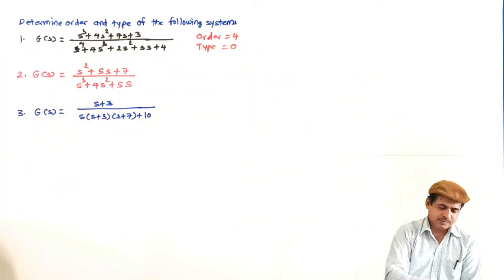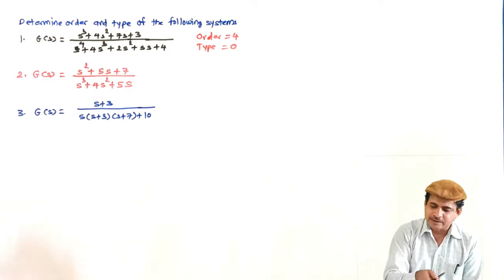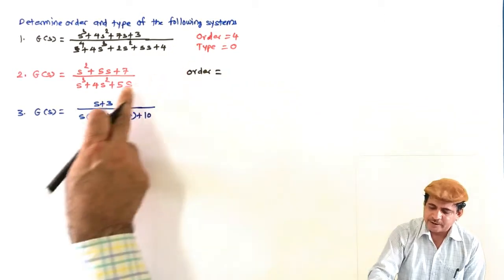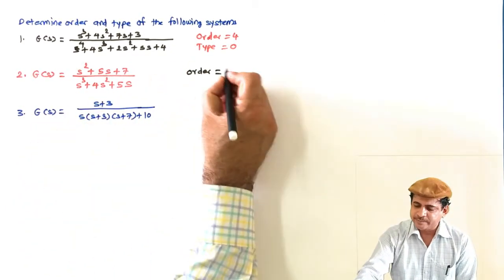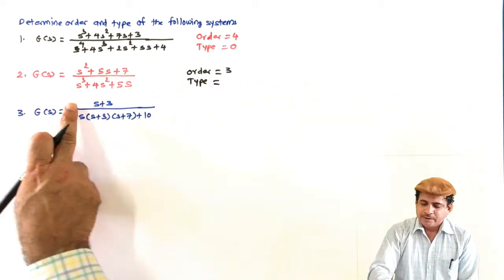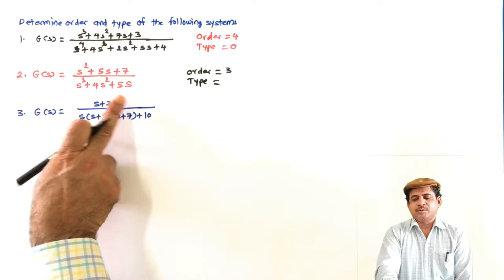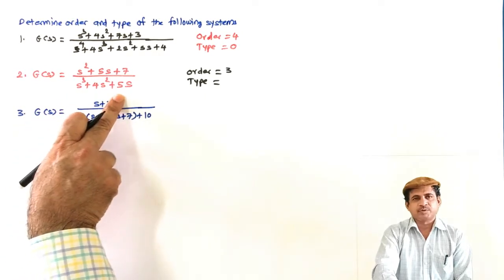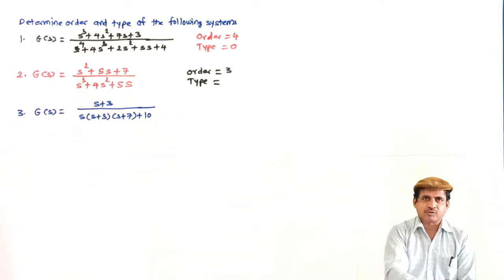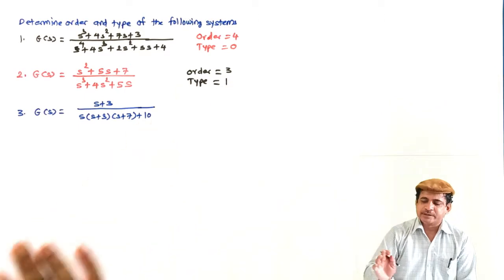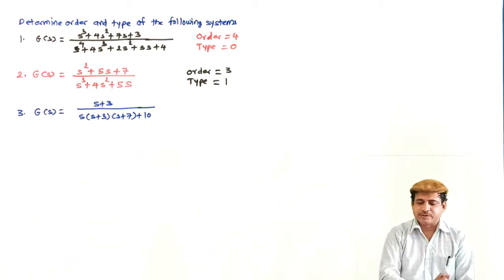In the second example, the highest power of s in the denominator is 3, so order is 3, and for type, here you can take s common, so this will be s into the bracket s square plus 4s plus 5. That means you can take s common, so there is one pole at origin, and hence type is 1. So this is a third order type 1 system.